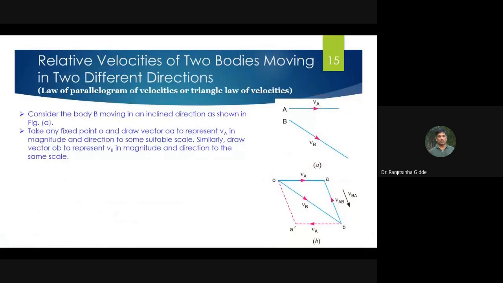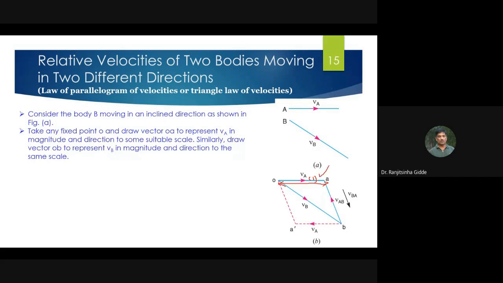So take any fixed point O, and draw vector OA to represent VA in magnitude and direction by using the suitable scale. This OA vector we need to draw initially. So I will write here first step, that is over.